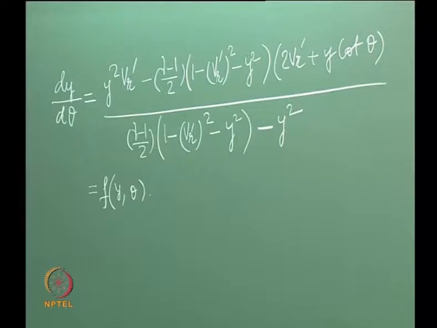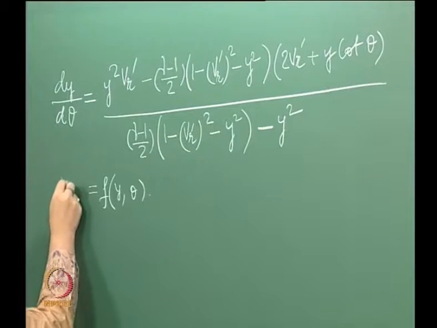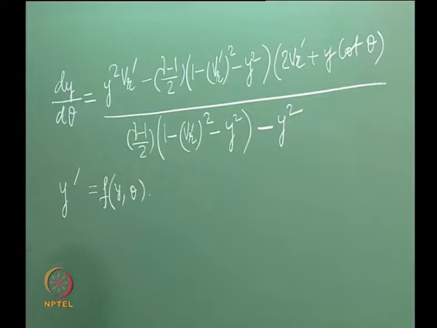I can write that y', which is the first derivative, is basically a function of y and theta. Okay. Now what we are going to do out here is solve for V_r'.